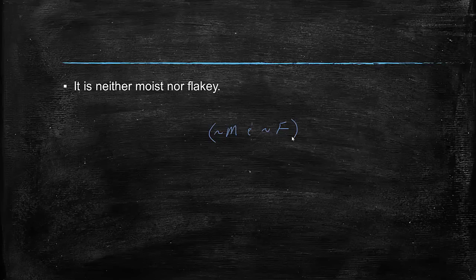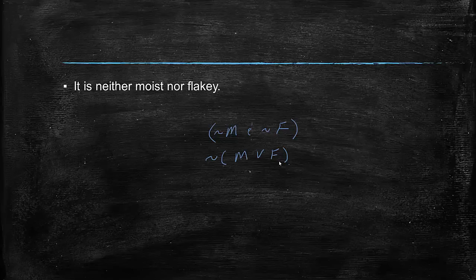Now, interestingly, as we'll learn and be able to prove later, another way of writing "it is neither moist nor flaky" is "it is not the case that it is moist or flaky."